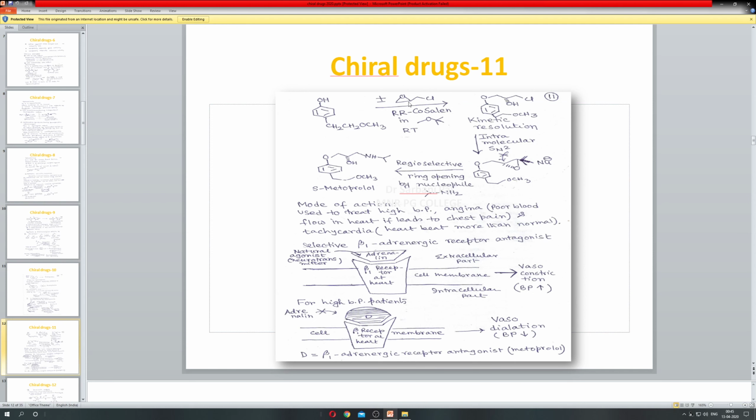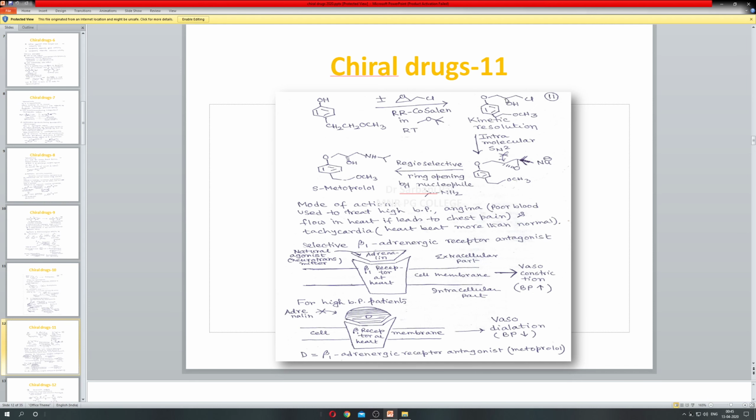will occur. Later, resolution will be performed on this compound, and in order to synthesize the S enantiomer of metoprolol, this enantiomer we have to consider; the other enantiomer will be kept aside after resolution.